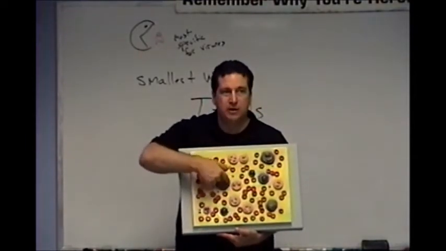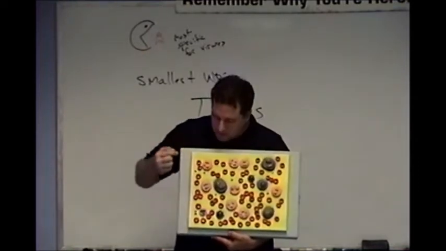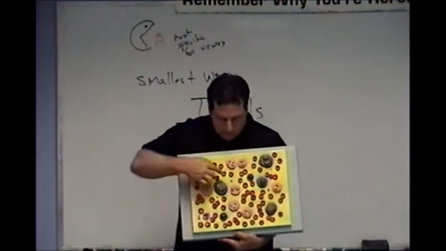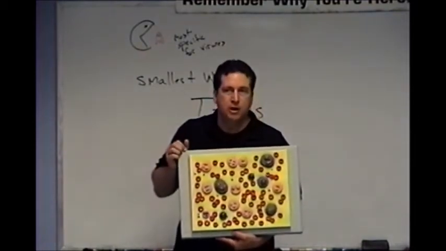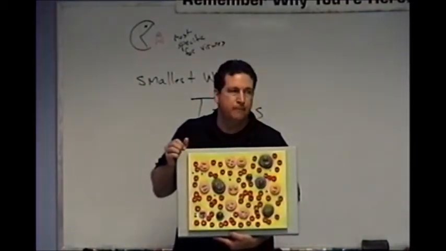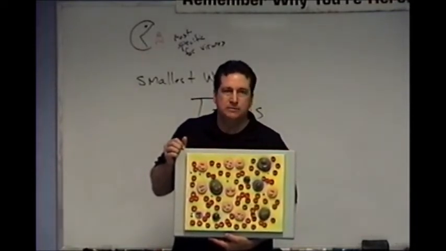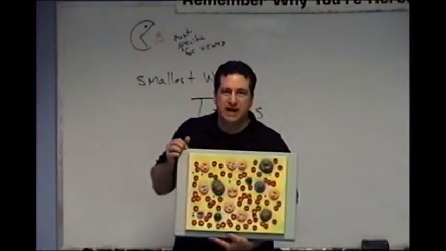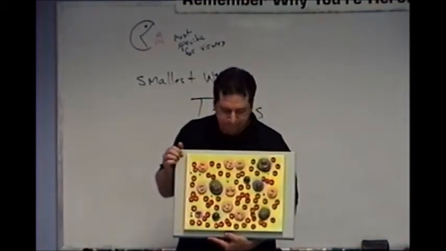And then this very large monocyte right here, which is going to become a macrophage. You'll even see these little blue specks here, here, here. Those are called thrombocytes. We'll talk about those in a little bit. We like to call them platelets.